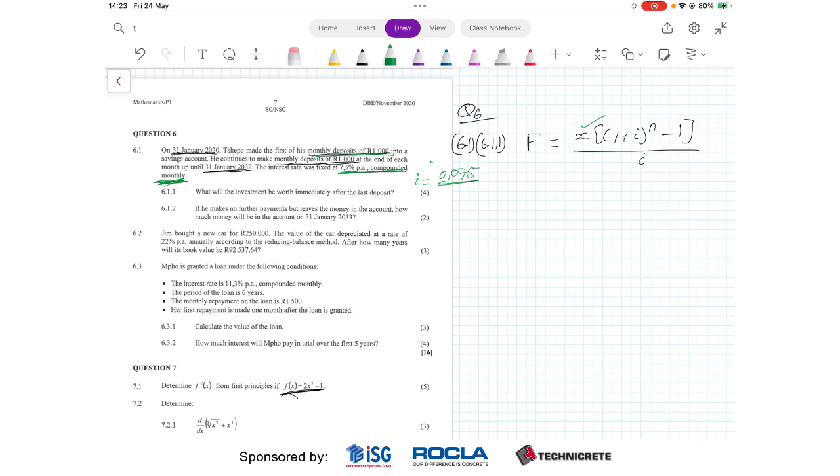It is compounded monthly, so that's going to be divided by 12.